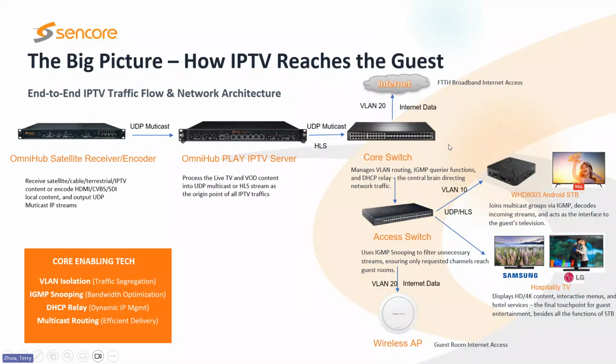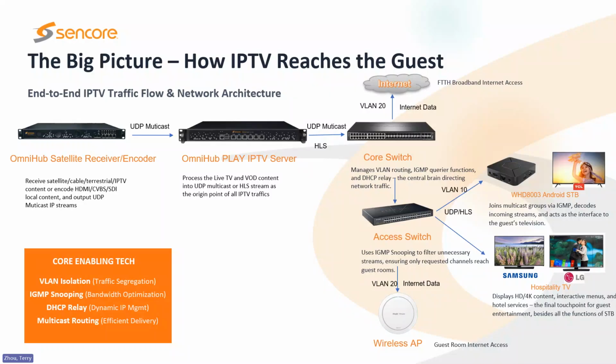Typically, if we are using UDP multicast as a streaming protocol, then we have to separate the VLAN from the internet data, because internet service is a base service, for instance for a hotel facility. So they will use a dedicated VLAN, and for the content source, UDP multicast, they will use a designated different VLAN.